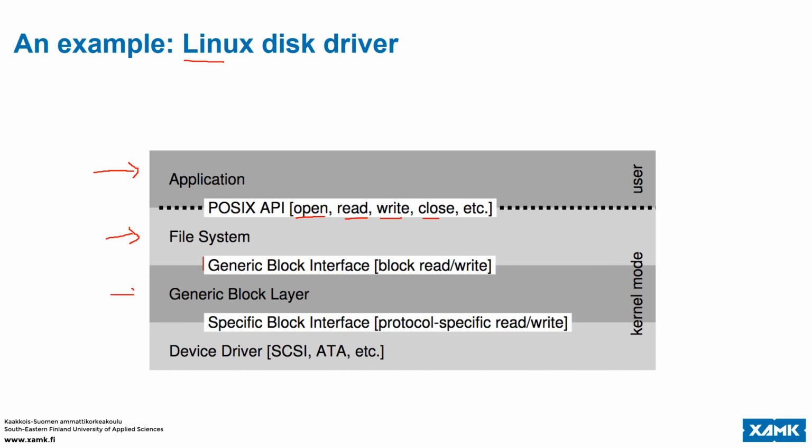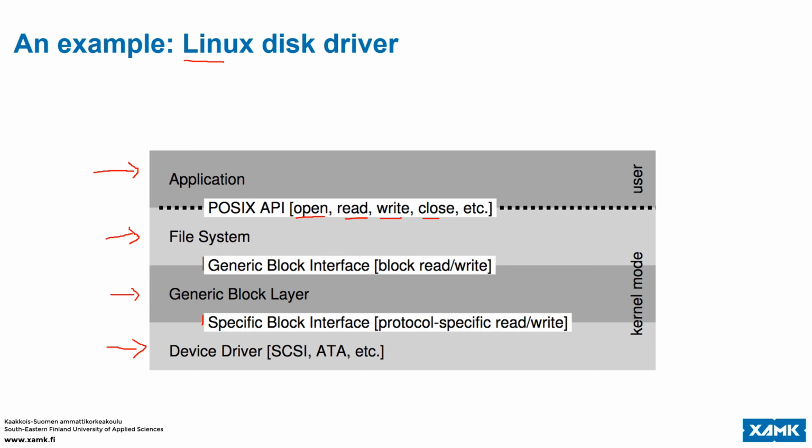Below that, there is a generic block layer. And there is a specific block interface, a protocol specific read-write library. And bottommost there is a device driver, and this depends on what kind of device it is.